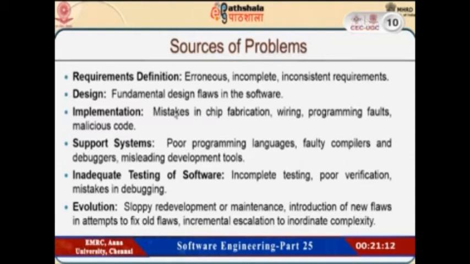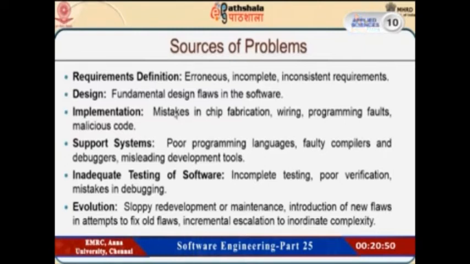Inadequate testing of software is the next criterion, where we have incomplete testing, poor verification, mistakes in debugging, and not only that, at the evolutionary phase, we have sloppy redevelopment or maintenance, introduction of new flaws in the attempt to fix old flaws.